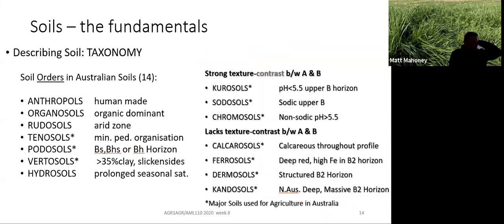As I was saying before, we've classified our Australian soils into 14 orders. I guess the main ones we'll come across in our agricultural soils are the ones with a strong texture contrast between the A and B horizons, or those that don't have a contrast between the A and B. So it's these ones here.